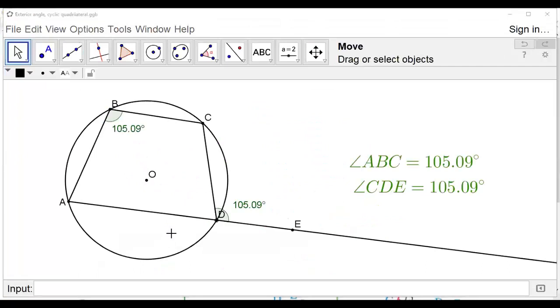And now we'll speak about the exterior angle of a cyclic quad. What is the exterior angle of any polygon? It is formed by an extension of a side.